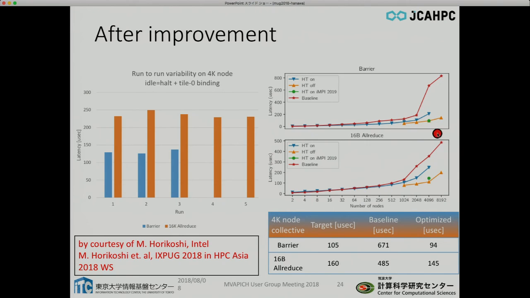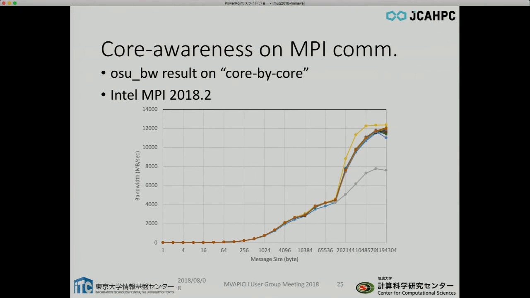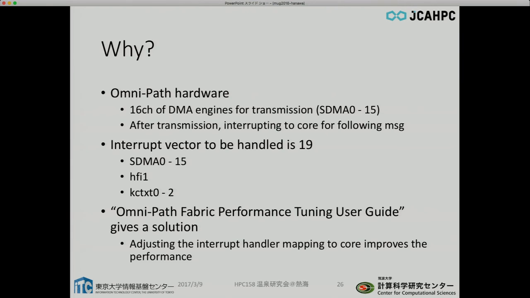The orange one is hyper-threading off mode, but on the KNL we have to turn on hyper-threading to utilize effective performance, so this is not applicable for our configuration. But the blue line is much better than the red one. Okay, I will skip this part.